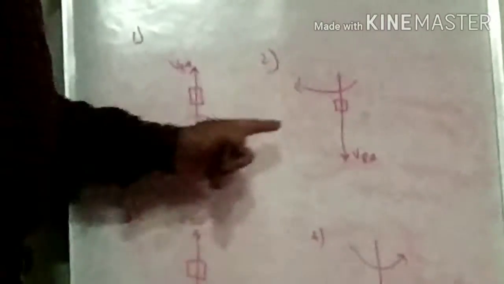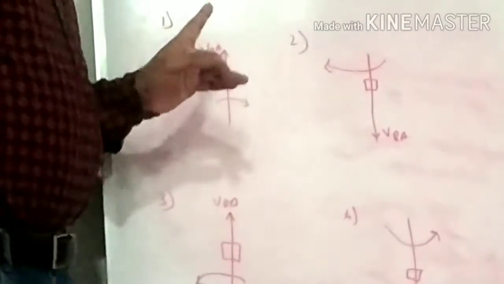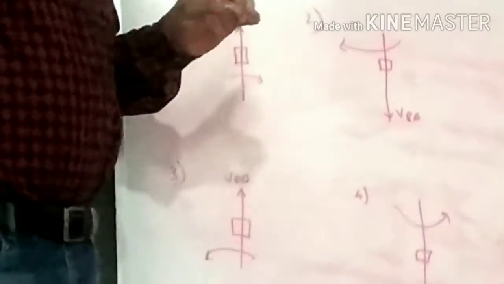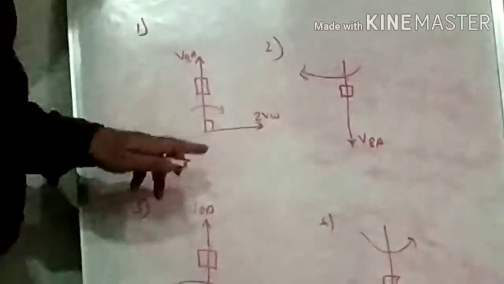The basic principle is that the velocity vector V has to be rotated through 90 degrees in the direction of rotation of link OP. Here we consider the velocity of slider B with respect to coincident point A. In the first case, the direction of velocity vector V is upward and the link OP rotates in the clockwise direction. So we rotate this velocity vector through 90 degrees in the clockwise sense. This is the direction of the Coriolis component of acceleration.